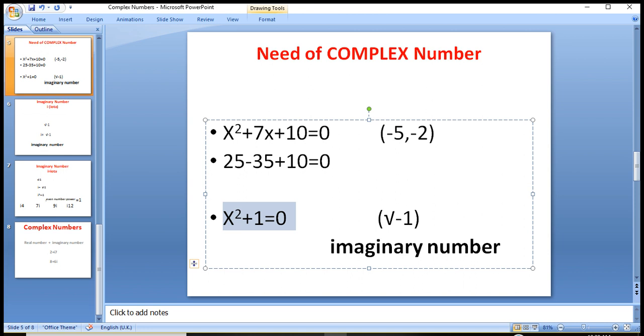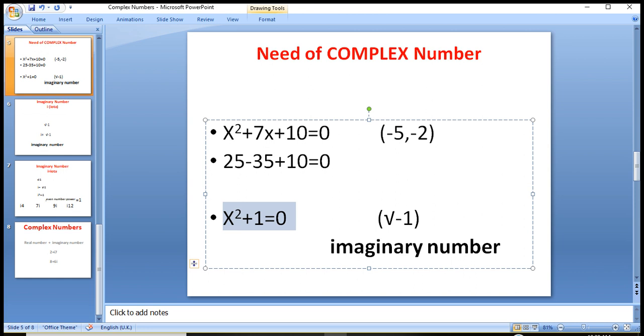So there are many quadratic equations that don't have roots in real numbers, and such equations are always solved by imaginary numbers.